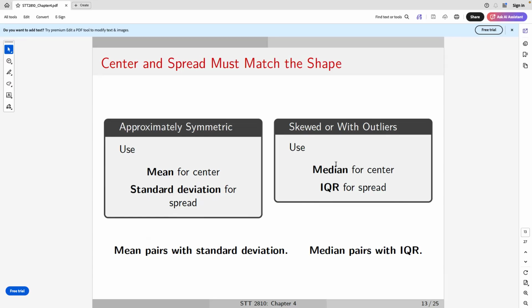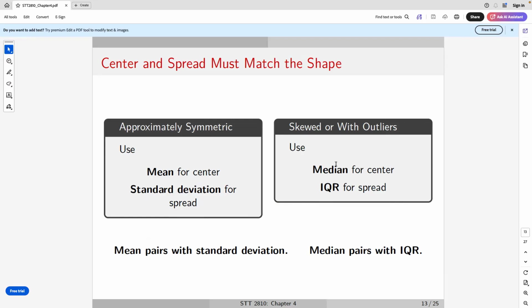For skewness, if a distribution is skewed, whether left skewed or right skewed, the best measure for the center is the median and then the IQR for the spread. The reason is that the median and the IQR are robust. Whenever a distribution is skewed, it means that there are some unusual observations, or observations that are large.